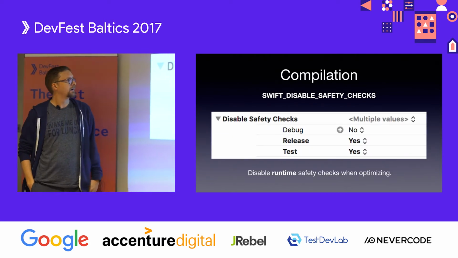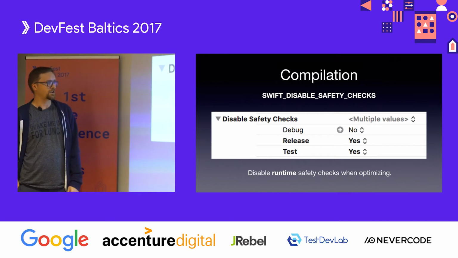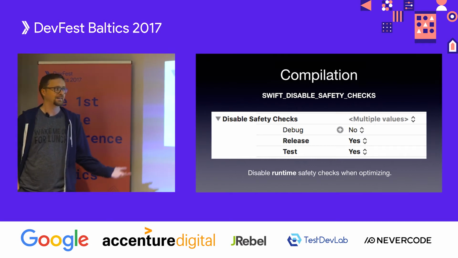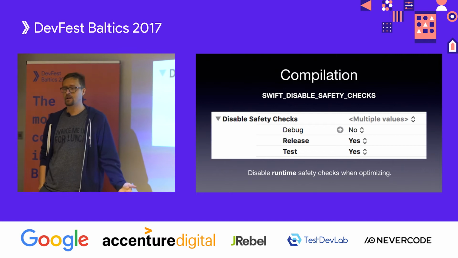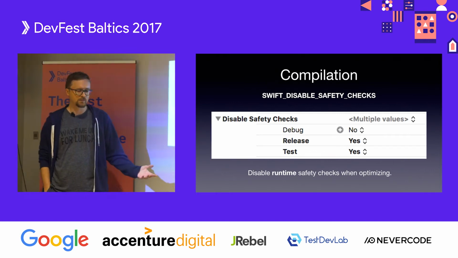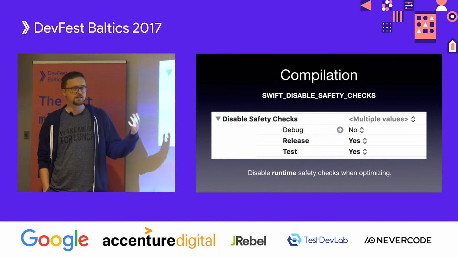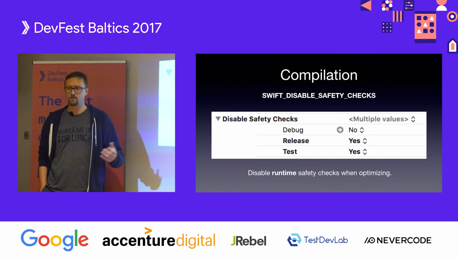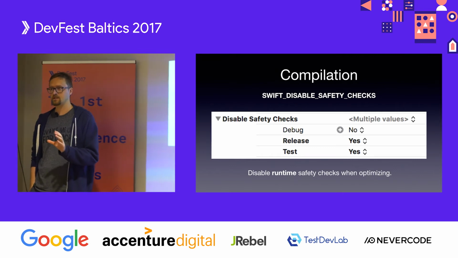Next setting disables safety checks. I use that. You don't have to use that. I use it because it helps. Swift is written with safety in mind, but you can disable some of the checks.